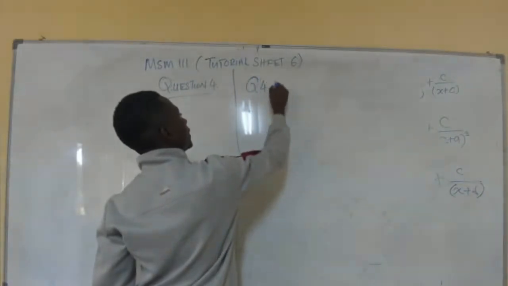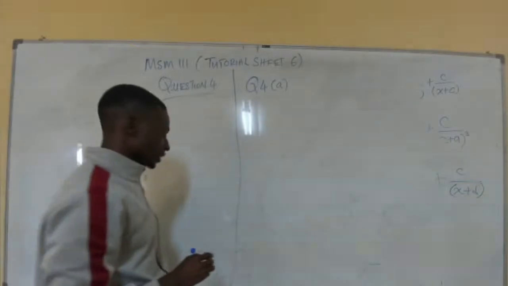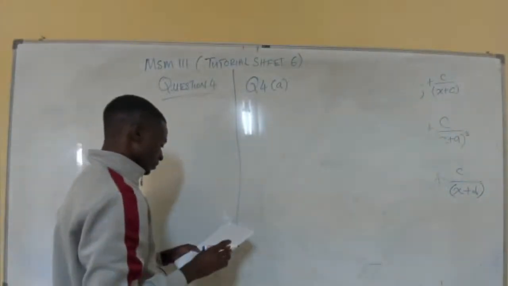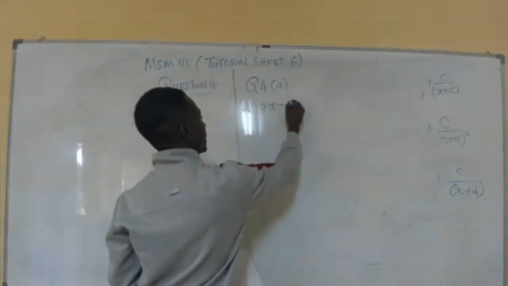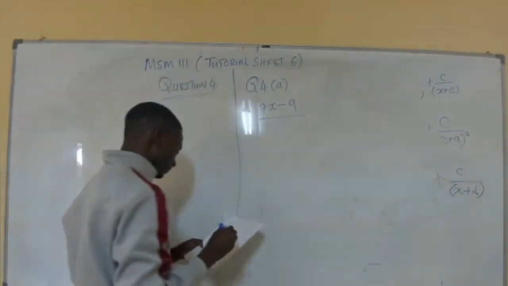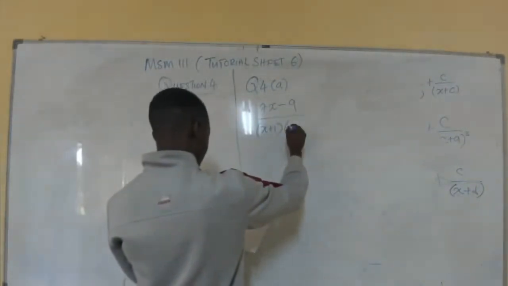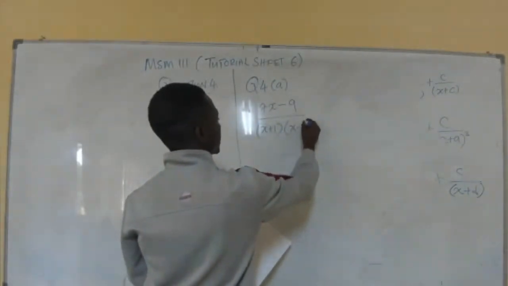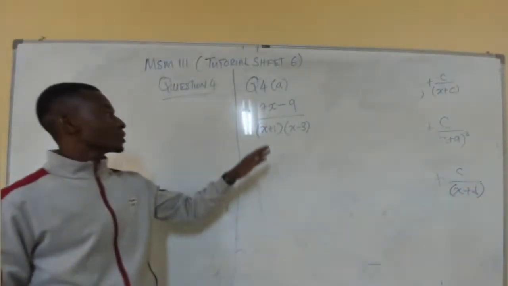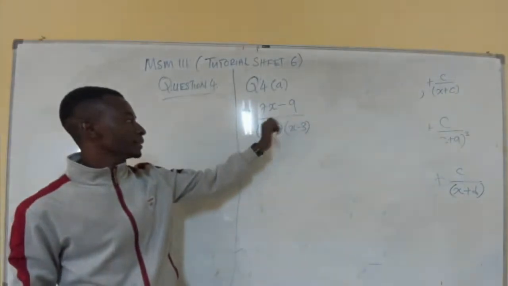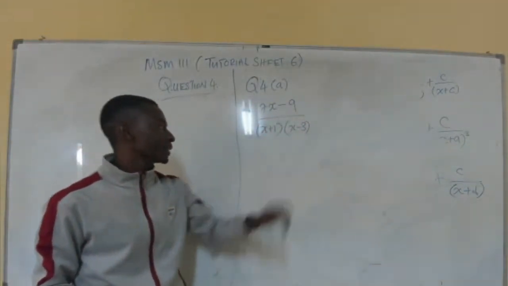Question 4a, we have 7x minus 9 over x plus 1 and x minus 3. So we have 7x minus 9 over x plus 1 and x minus 3.